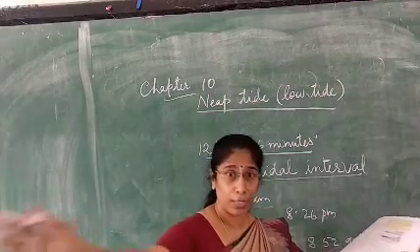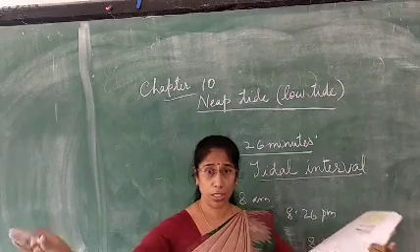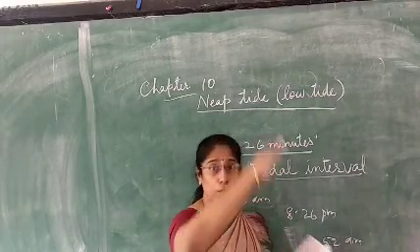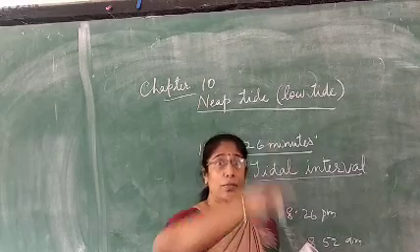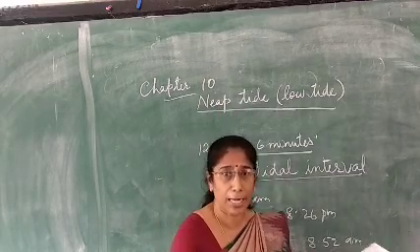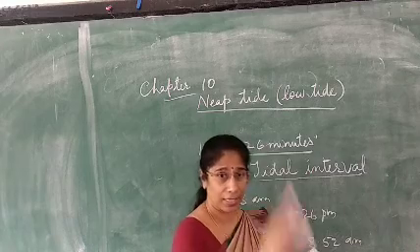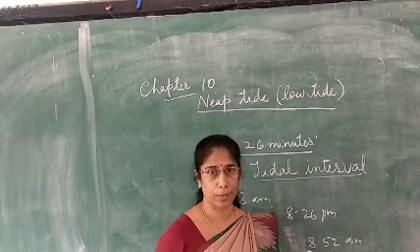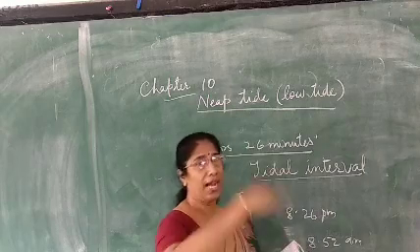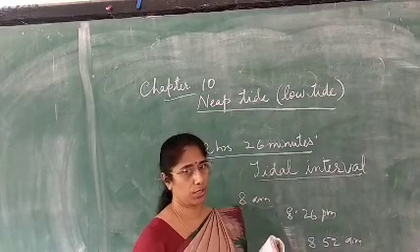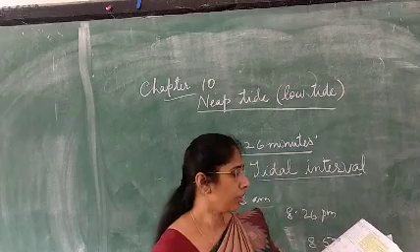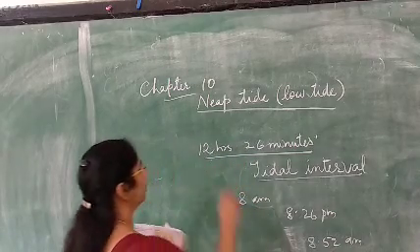In vast oceans like the Atlantic Ocean, Indian Ocean, etc., the tidal range will be higher compared with the Red Sea, Mediterranean Sea, which are enclosed seas. Their tidal range will be less compared with the vast ocean. Tidal range will be higher in the vast oceans.